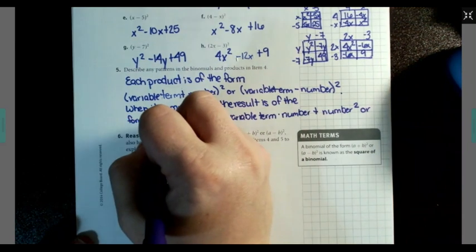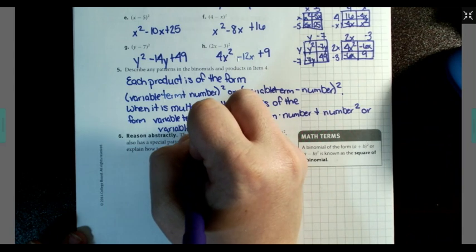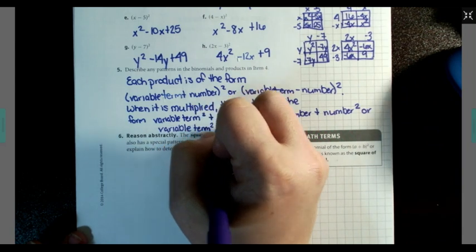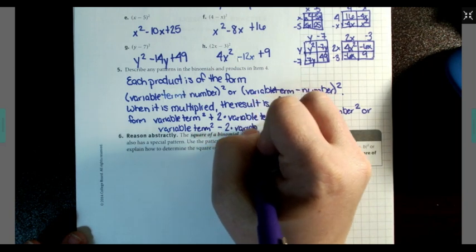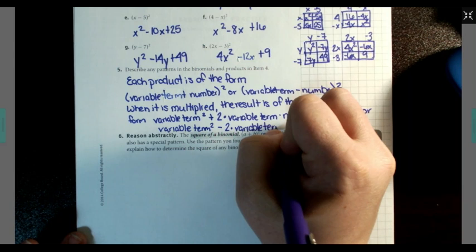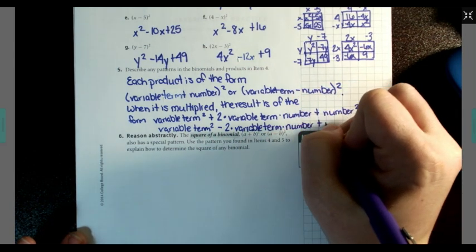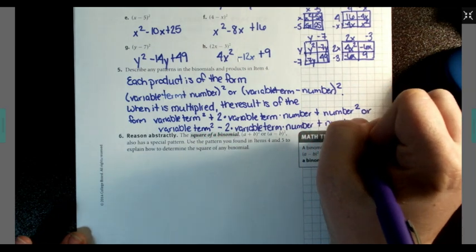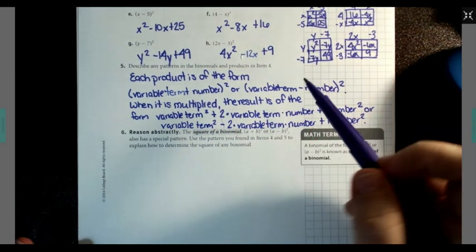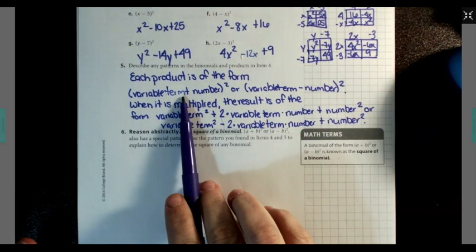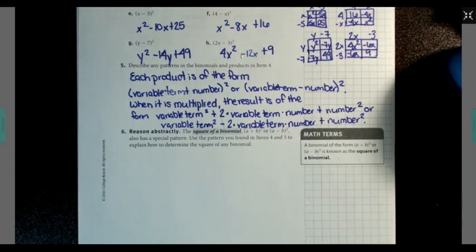Or it is variable term squared minus 2 times variable term times number plus number squared. This plus or minus only comes whenever we multiply by a positive in the middle, or if there's a negative in the middle.